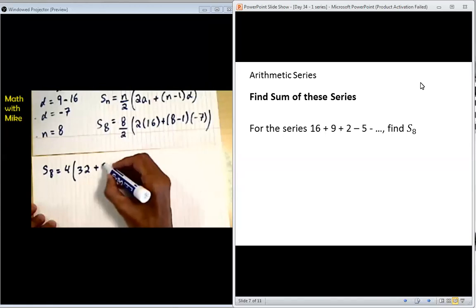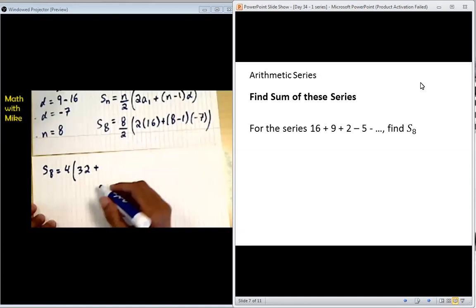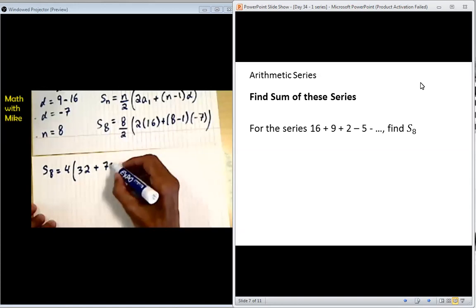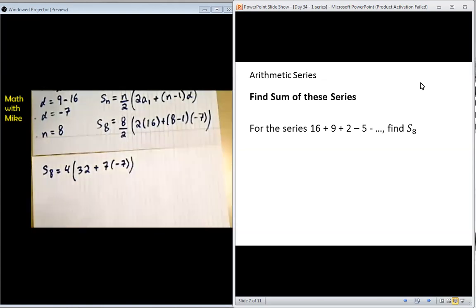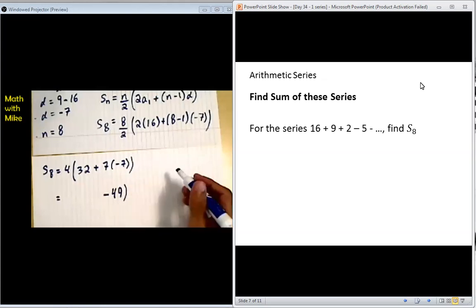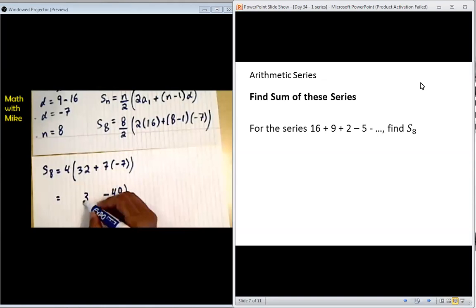So I'll do it in the next line. It'll be 7 times minus 7. Okay, so back to you. What is this 7 times negative 7? Yeah, minus 49. True. Yeah, 32 is there. And then 4 on the outside. True indeed.